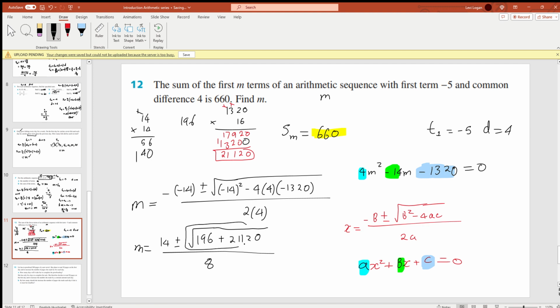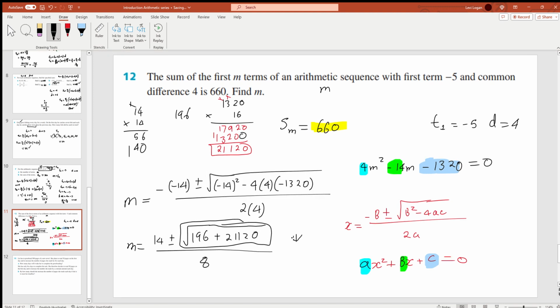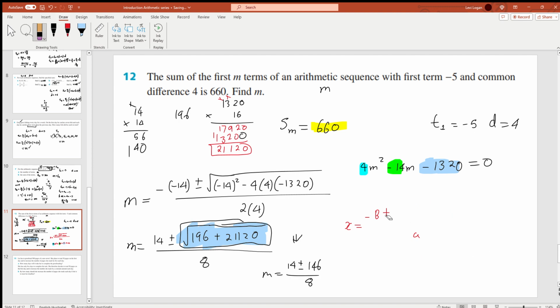So this bit turns into 146. I don't know, oh, what's that in the PowerPoint? It's updating. Okay, so this blue bit, including the square root, turns into 146. So your M is going to be 14 plus or minus 146 over 8. So you've got two answers: M equals 14 plus 146 over 8, or 14 minus 146 over 8.